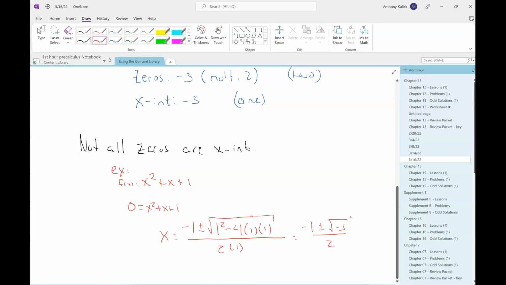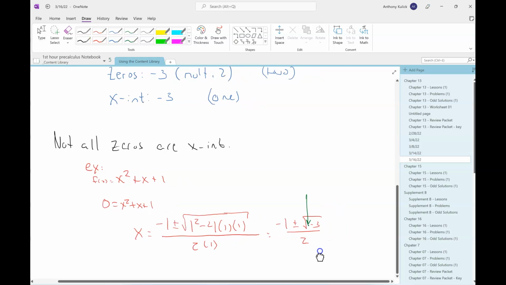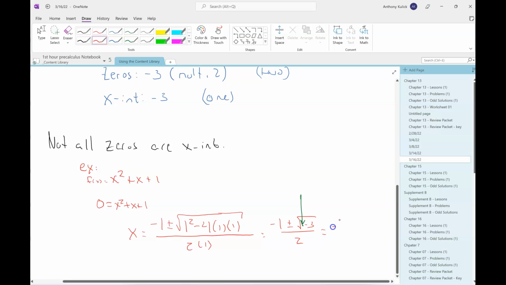So I got -1 plus or minus the square root of -3 over 2. Who says uh-oh? All of you should. Why? Because we have that negative underneath the square root. What does that mean? It means we get an imaginary result.